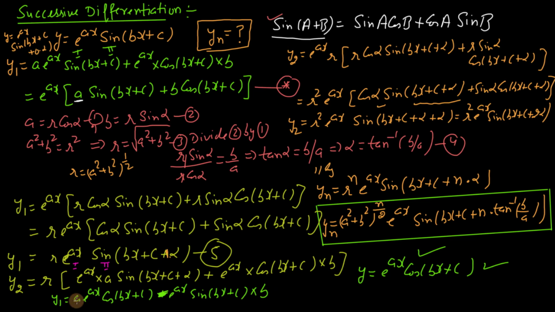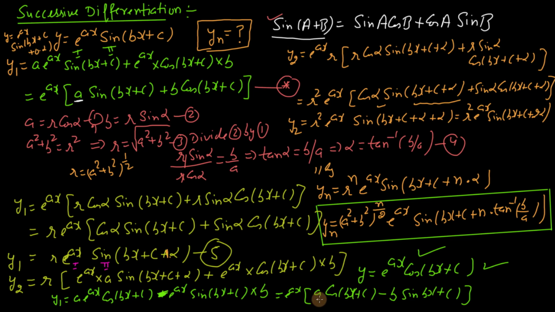So e raised to the power ax can be taken common. So what you will get? e raised to the power ax, [a cos (bx plus c) minus b sine (bx plus c)].